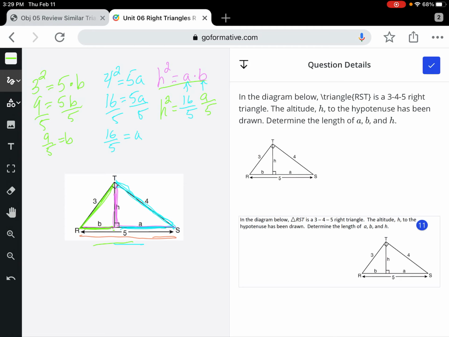Okay, and so we have h squared is equal to 16/5 times 9/5. So when I multiply across, I know I'm going to take the square root, so I'm going to do this a little bit funky. So it's just going to be 16 times 9 over 25. I'm actually not going to multiply those out.